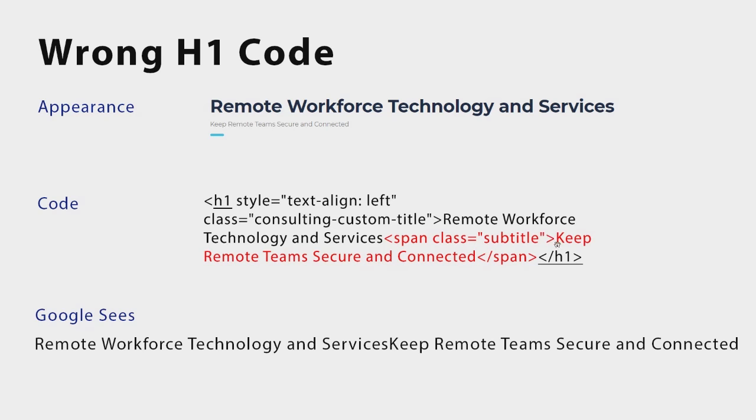That's the subhead, but it's part of the H1 tag as far as Google is concerned. And this is what Google sees: remote workforce technology and services, no space, remote teams, keep remote teams secure and connected. That's not the headline I want Google to see. I want Google to see just remote workforce technology and services. I don't want these keywords watered down with other text. And in particular, I don't want this space.